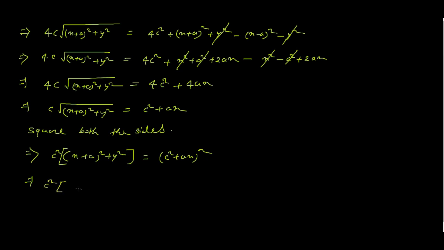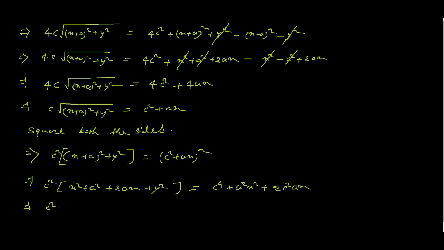C square into x square plus a square plus 2ax plus y square is equal to c to the power 4 plus a square x square plus 2c square ax.